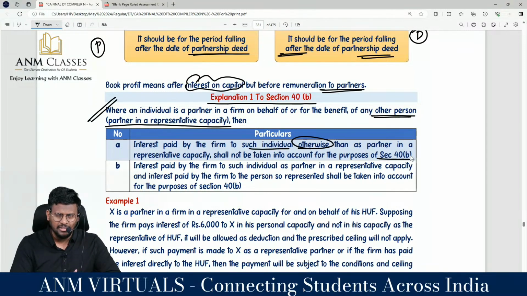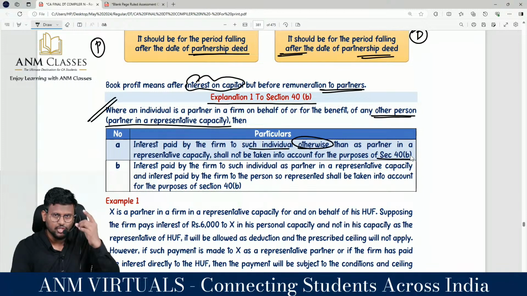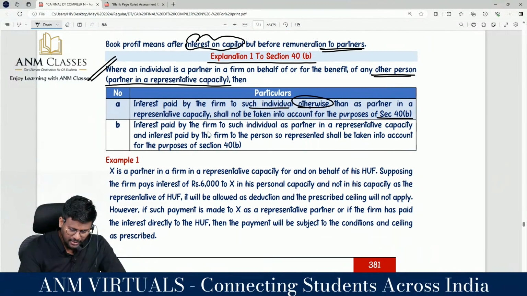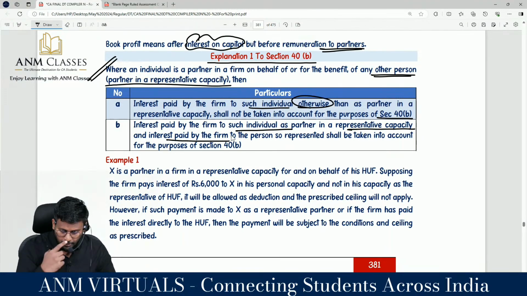Then explanation 1 is saying that interest should not be counted for computation of 12% interest as per 40B. But interest paid by the firm to such individual as partner in a representative capacity, and interest paid by the firm to the partner so represented, shall be taken into account for the purpose of 40B.